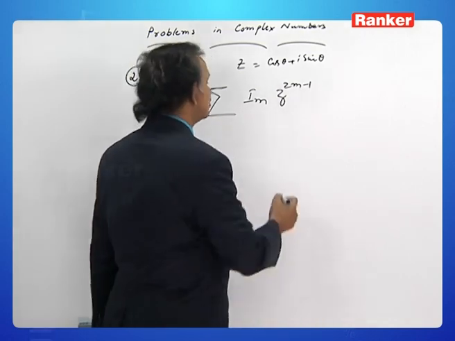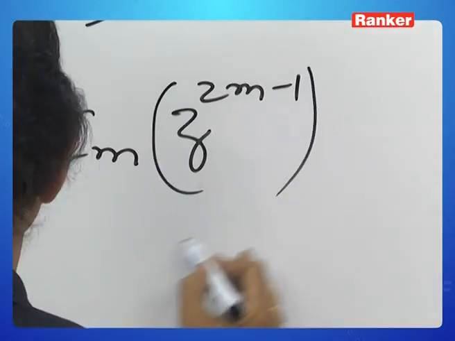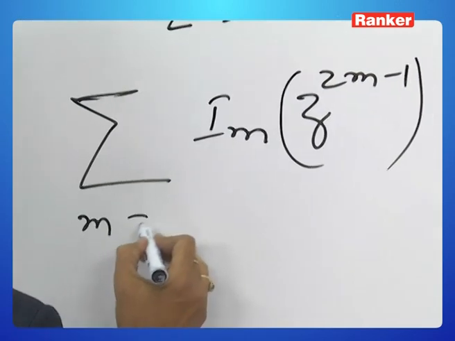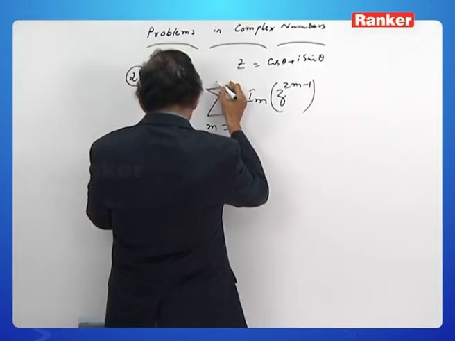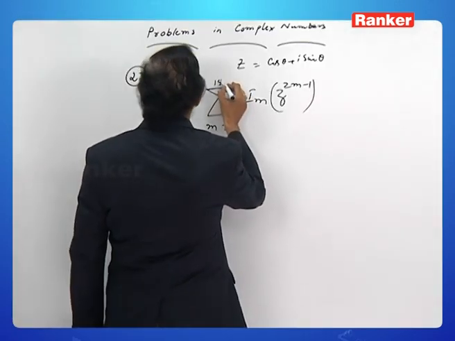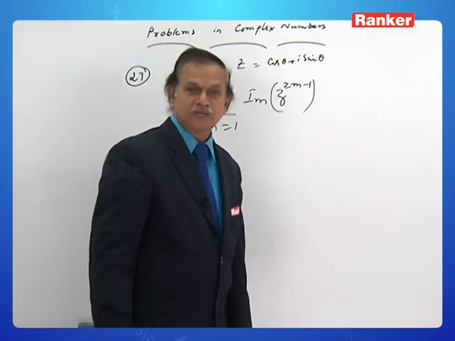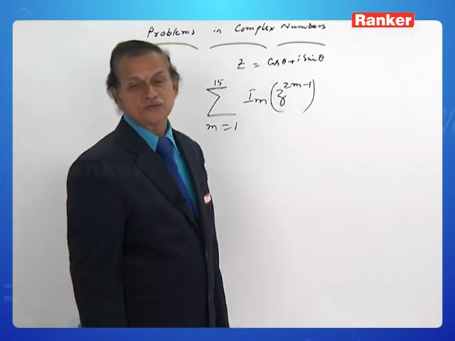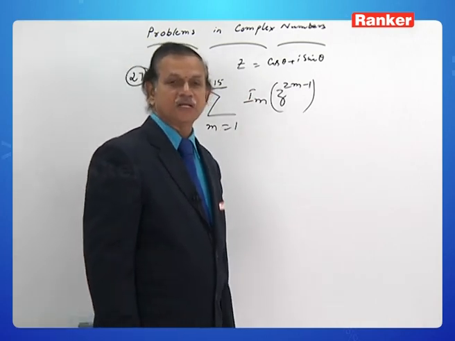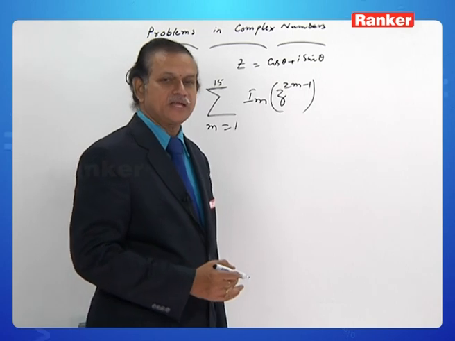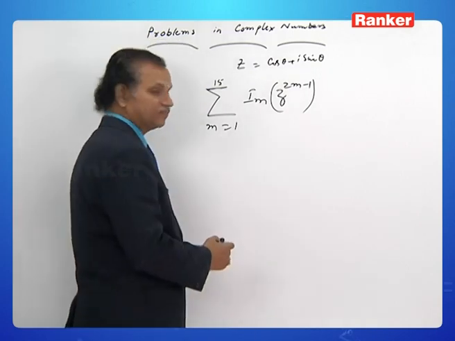Imaginary part of z power 2m minus 1, sigma m is equal to 1 to 15. Of course, theta is equal to 2 degrees, he has given; let us substitute it at the end. What is this?